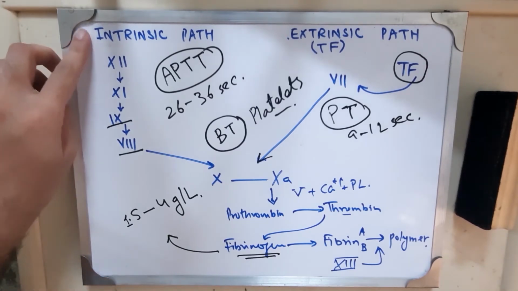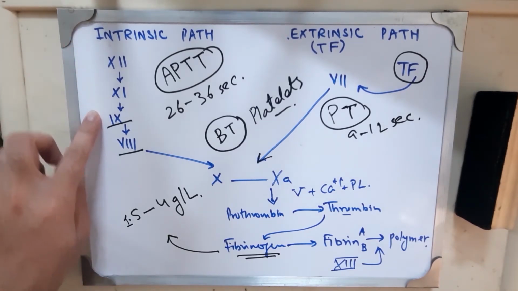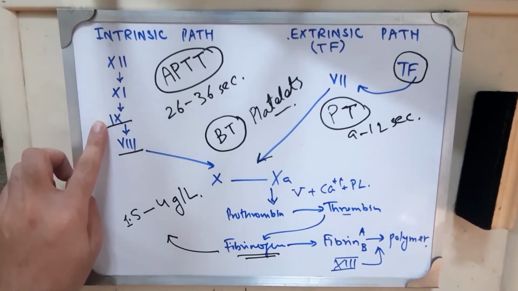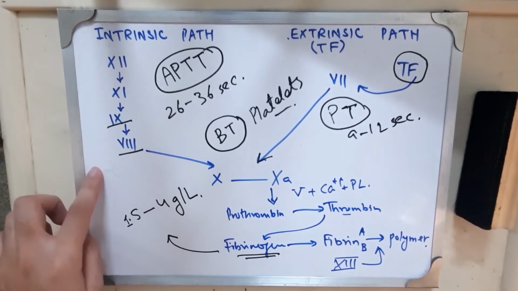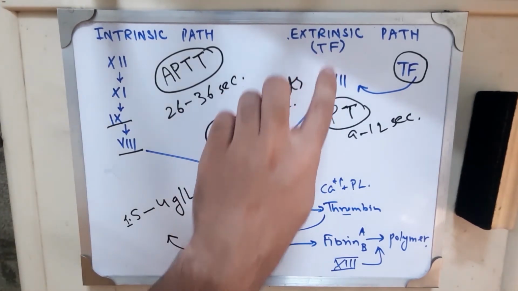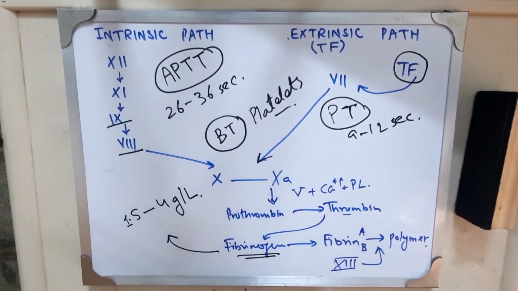Now, if any of the clotting factors of the intrinsic pathway is defective, our APTT is prolonged, while if factor 7 or any clotting factor of the common pathway is deficient or defective, our prothrombin time will be prolonged.